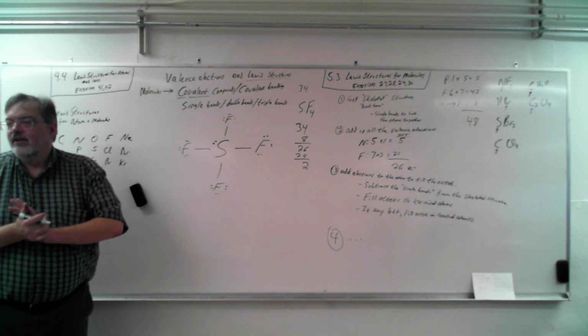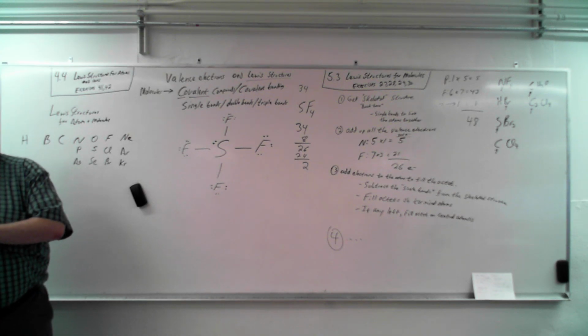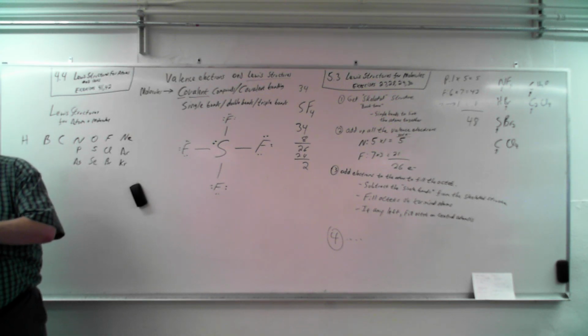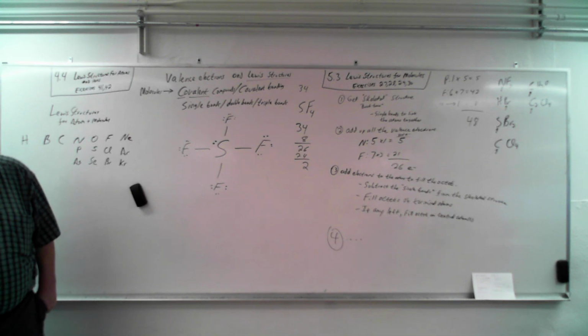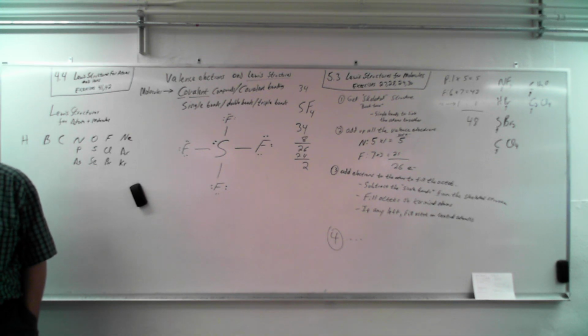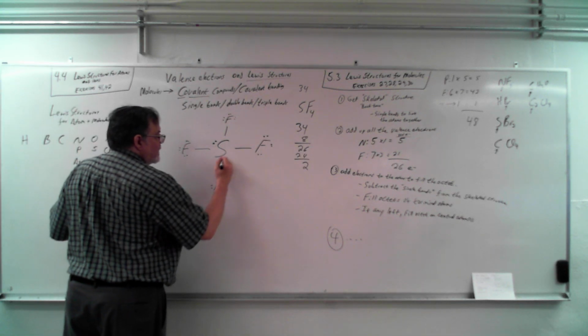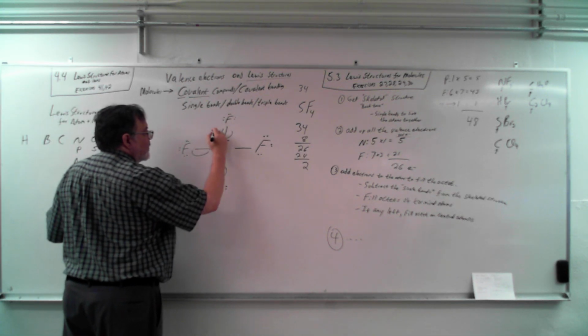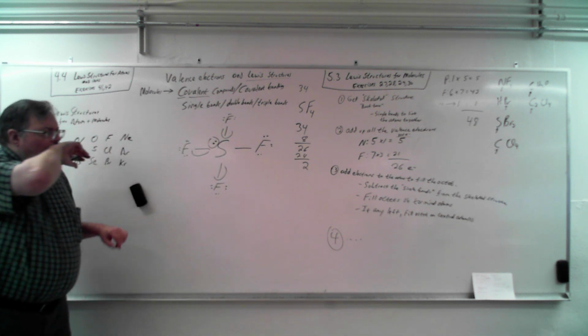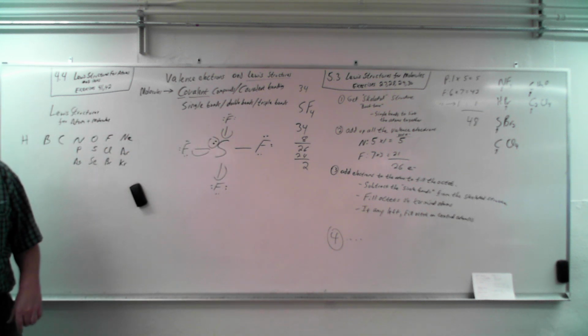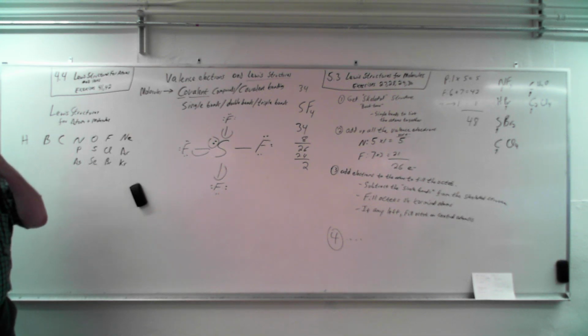You don't remember doing that at all? Are you shaking your head because you hated molecular shape? A lot of people hate molecular shape. I like it, but I've been studying chemistry for years, and it all just seems very obvious to me. But the fact that there are 1, 2, 3, 4, 5 pairs around that central atom says something about the shape that it's going to take. So, okay.